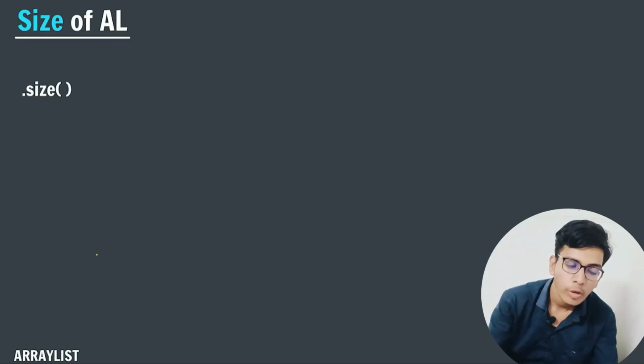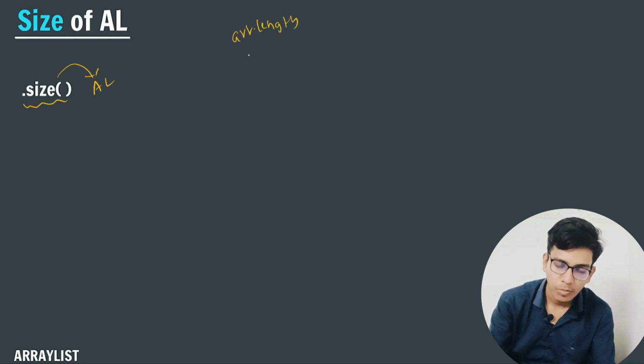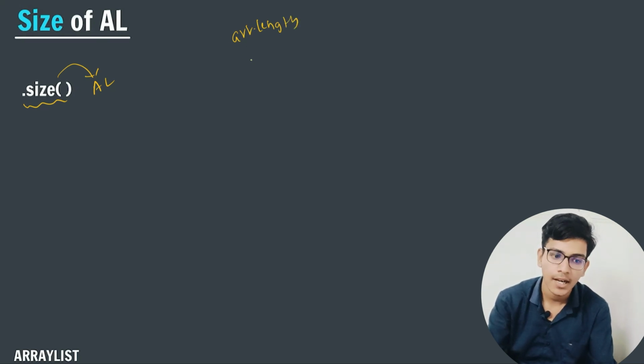Okay, so to get the size of the array list, here we will use the dot size operator. So this will give me the size of my array list, right? In the arrays chapter, what we used to do was write arr dot length. Here, suppose my array list name is arr, then I will write arr dot size.